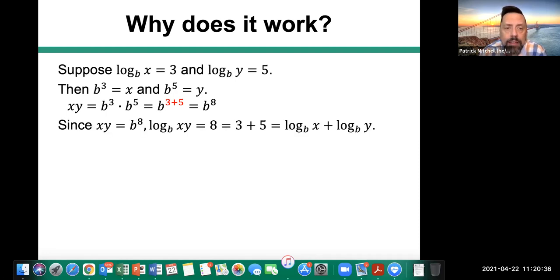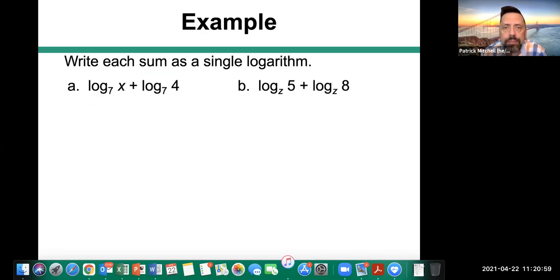So x times y equals b to the eighth. Putting that back into logarithmic form, log base b of x times y equals 8. And the 8 came from 3 plus 5, which is log base b of x plus log base b of y. That gives you a little idea of why this property works.